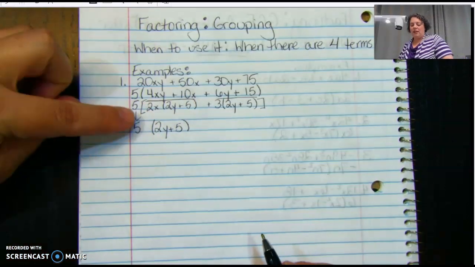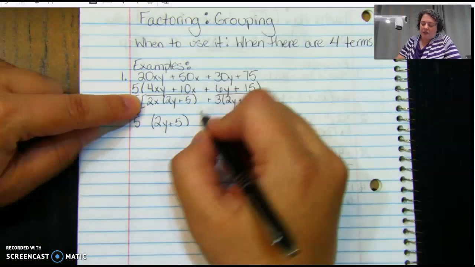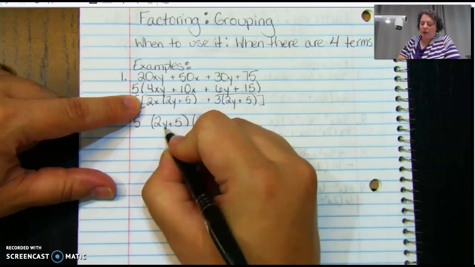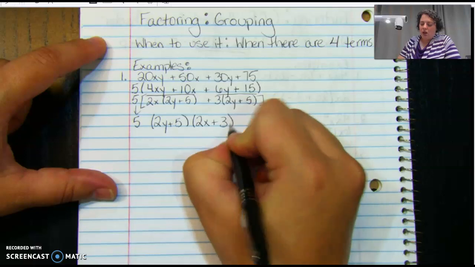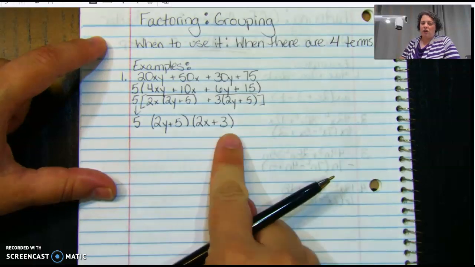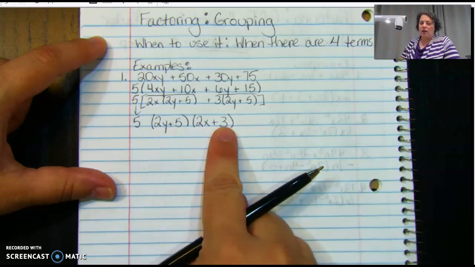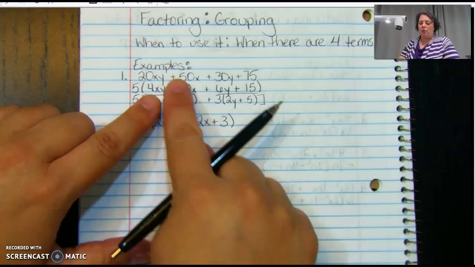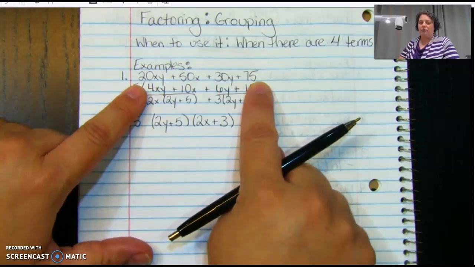And I'm basically taking this and dividing by 2y plus 5, which means I have left 2x. And then here, divide by 2y plus 5, and I'm going to have just plus 3. So this is my final answer. 5 times 2y plus 5 times 2x plus 3. If I were to multiply this all the way back out, combine my like terms, I would get the original.